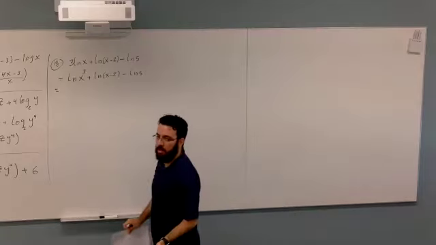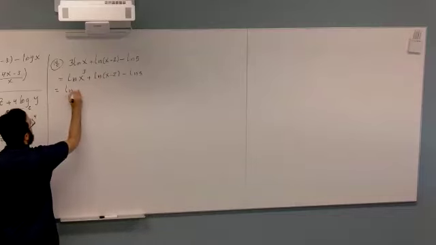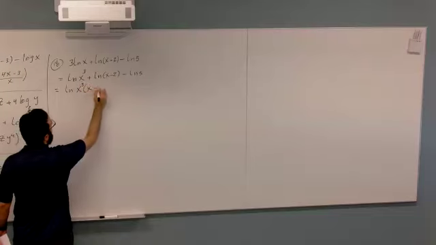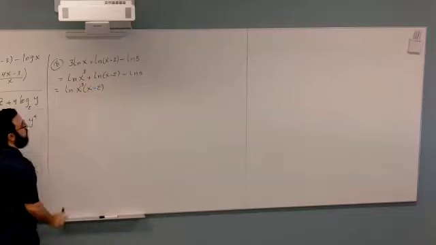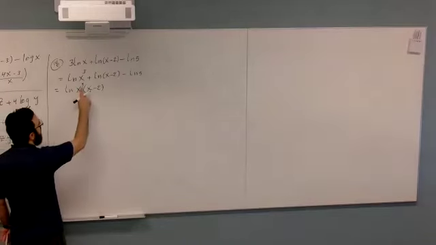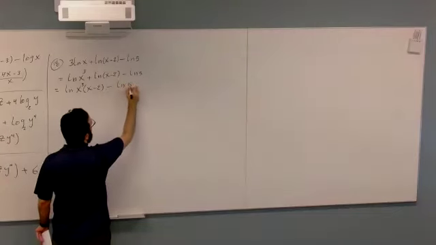Next step, from left to right, plus between two ln. What's that going to be? Multiplication. So it's going to be ln x cubed times what? We don't have to multiply and distribute or do anything. Just x cubed times the parentheses, and here is minus ln 5.